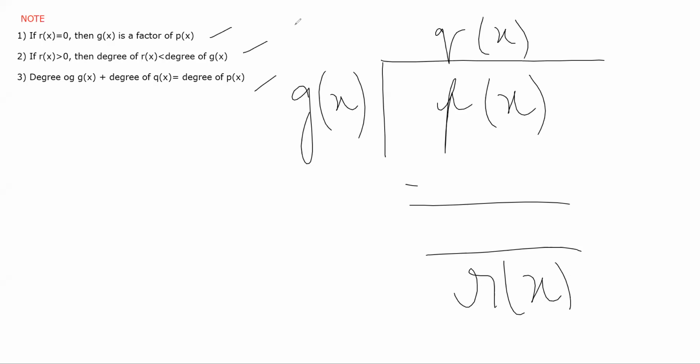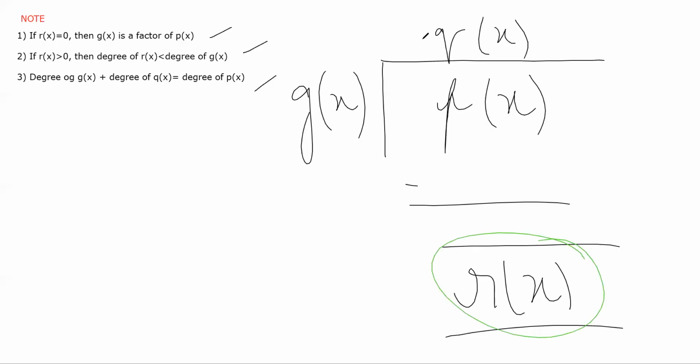In the first point they're telling that if the remainder r of x is equal to 0, if this r of x is going to be equal to 0, then this g of x is a factor of this p of x.